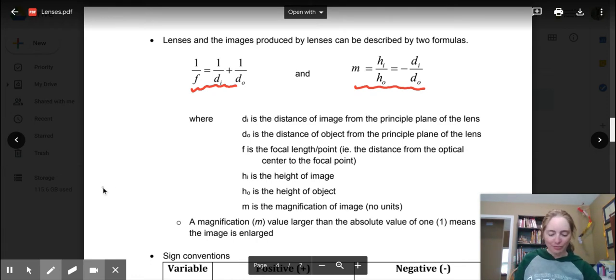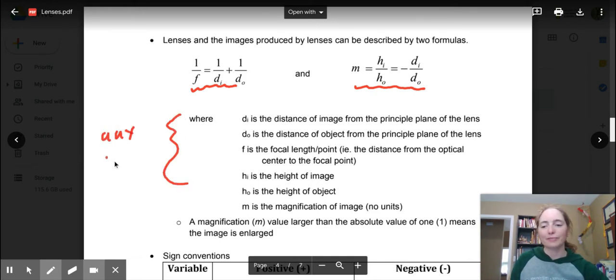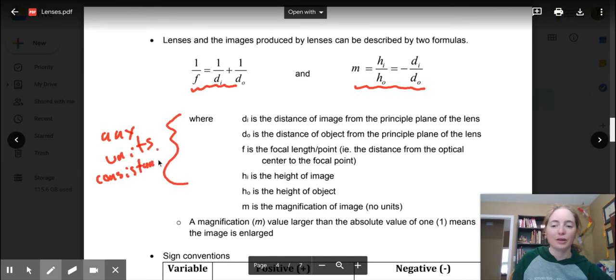So ladies and gentlemen, with our thin lens equations, you can use any units so long as you're consistent. Okay, meters, centimeters, what have you. Okay, so we're going to go through each of these here. Now, once again, with this one, pick any of the 3 pieces you need.